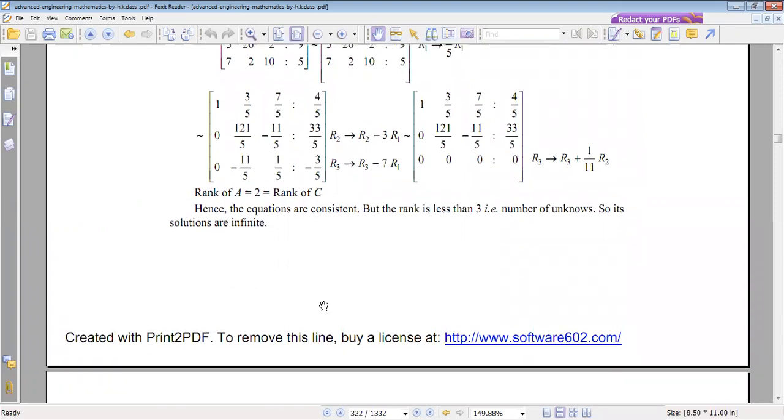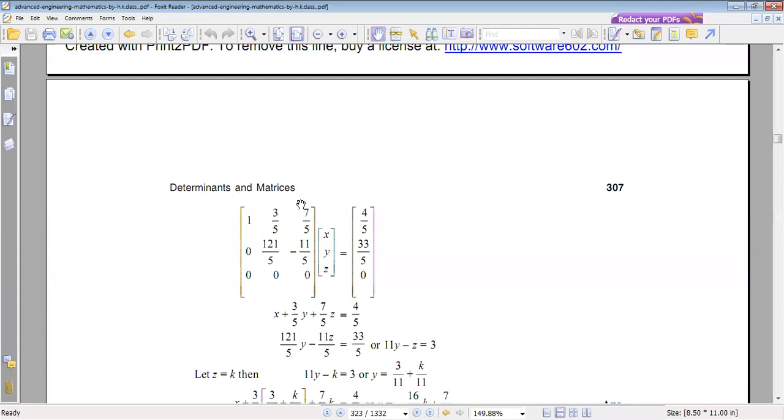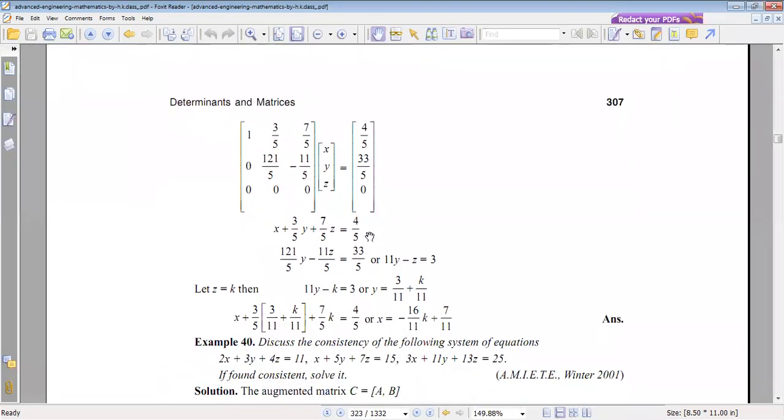Now let's see how we can find these solutions. After transforming the matrix into this form, this is the matrix A, this is the matrix X, and this is the matrix B. Once we multiply this by X, the first equation is x plus 3 by 5 y plus 7 by 5 z equal to 4 by 5.